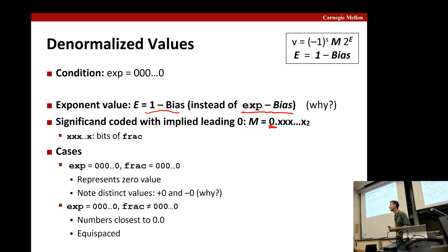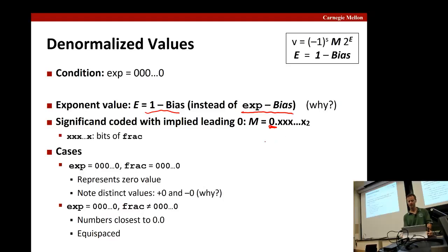Yeah, so that way you can get significantly smaller numbers than you could before. This also allows you, if all the bits in your fraction are 0, to just represent 0. That's good. I was talking more about the transition between these two regions.